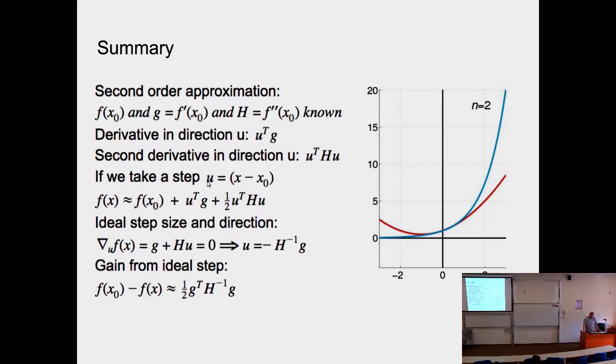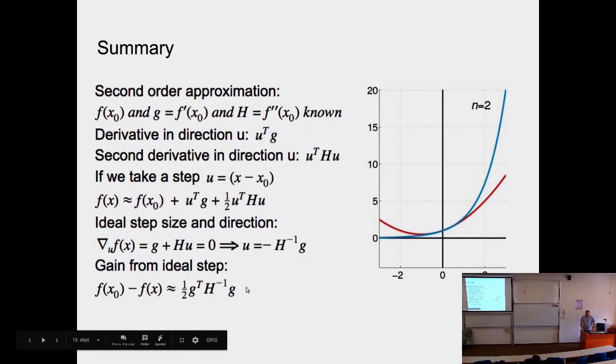So if we take a step in the direction u, then this is the f(x) that we're going to get, which, if you solve this equation, will give you an ideal step size and direction of minus H inverse g. And if you calculate how much f will change if we take this ideal direction, then you get this number, which is 1/2 g transpose H inverse g. Okay?